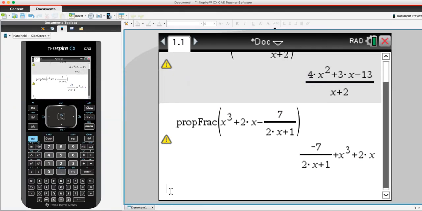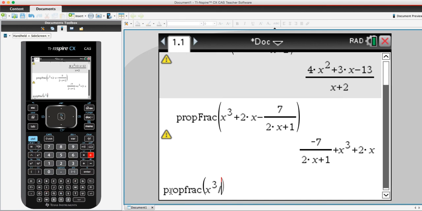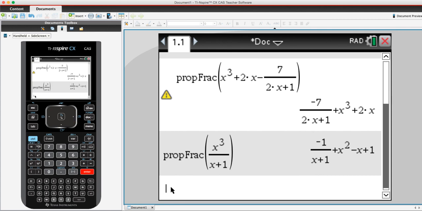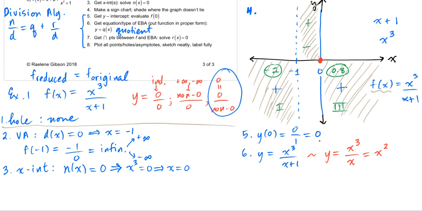And so we're going to do this again by prop frac, putting our improper fraction into proper fraction form. You should be able to do this by hand using long or synthetic division. So we end up getting a quotient which is x squared minus x plus 1 and a remainder of negative 1. And so we're going to write here that the blue graph is equal to x squared minus x plus 1 and then plus a remainder of negative 1 over the denominator x plus 1.